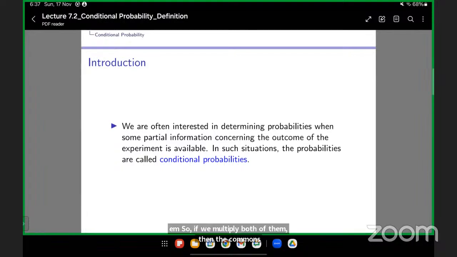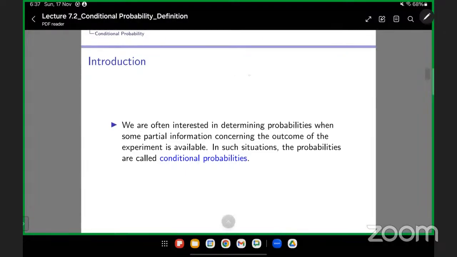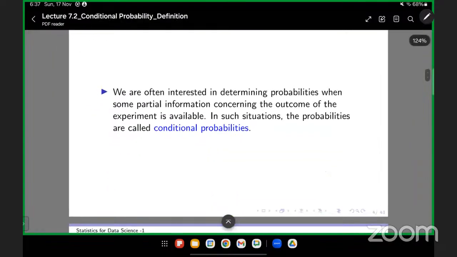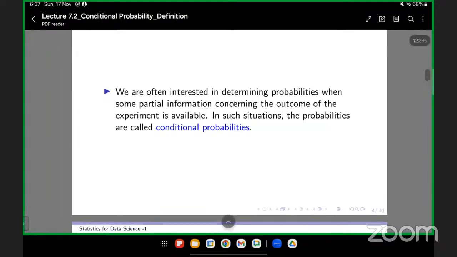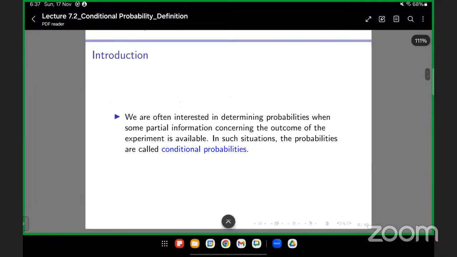No, multiplication doesn't happen like that, right? Addition is a different thing. In addition, it might add the other part, but multiplication is no, they will happen together only.